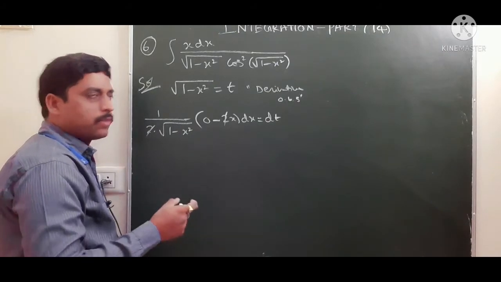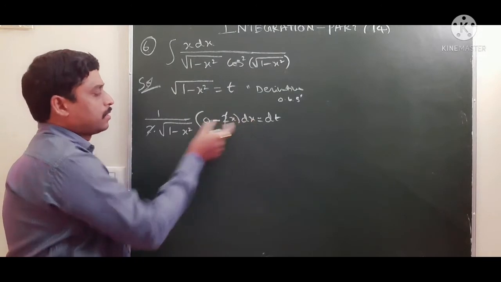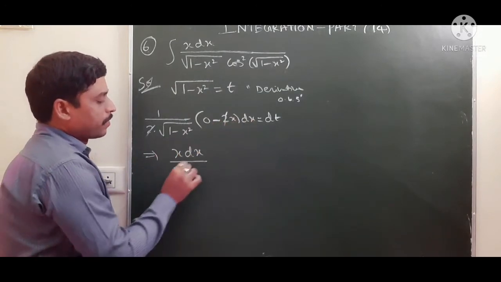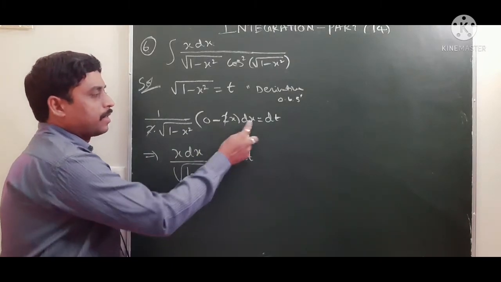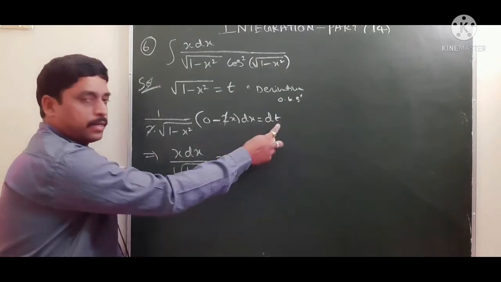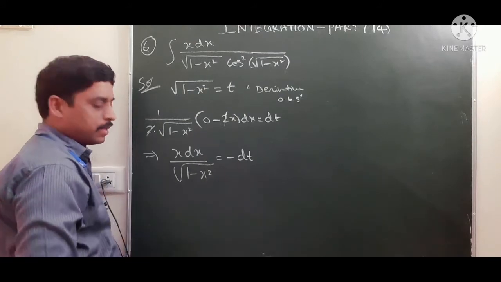First we have to find x dx by root 1 minus x square. So minus x dx by root 1 minus x square is equal to dt. Therefore x dx by root 1 minus x square is equal to minus dt.